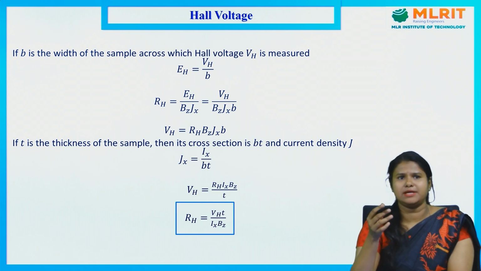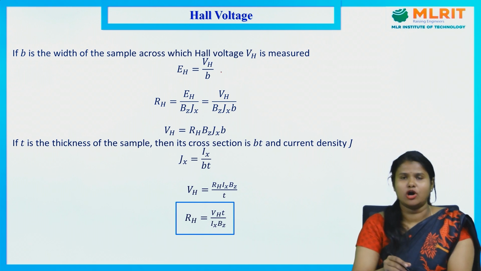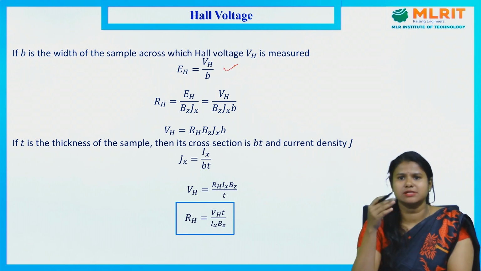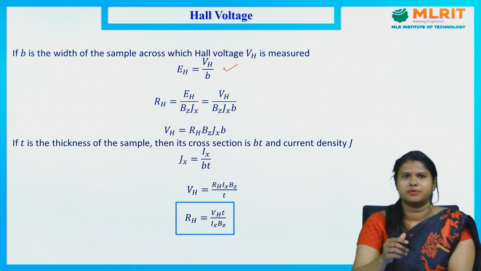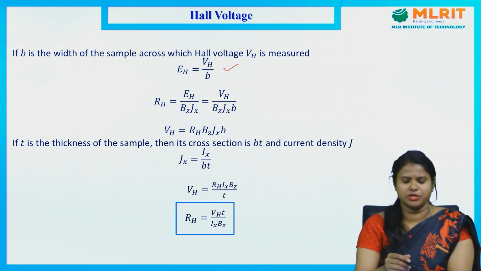If B is the width of the sample across which Hall voltage is measured, then this Hall field can be expressed as Hall voltage divided by the width. So, EH will be equal to VH by B. We know that RH is equal to EH by Bz into Jx.